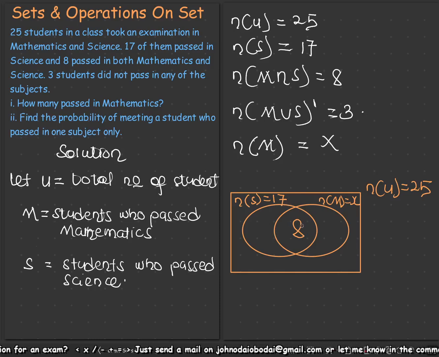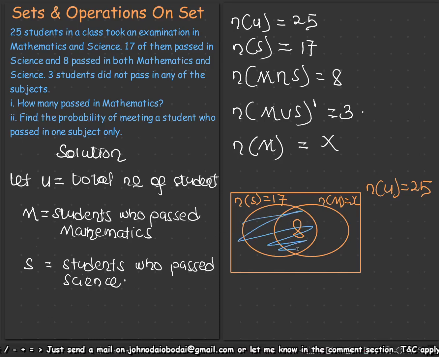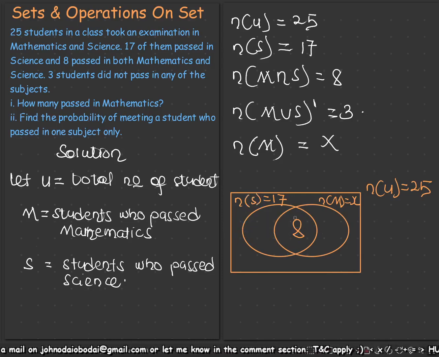Now, this whole circle here represents the number who passed in science. Meanwhile, we have already picked out 8 of it to be in the intersection. So what remains here is 17 minus 8, which gives us 9. So we just write our 9 over there.